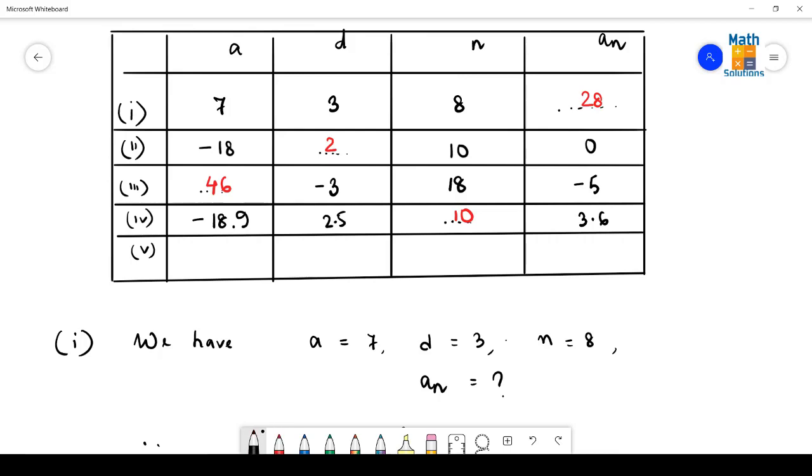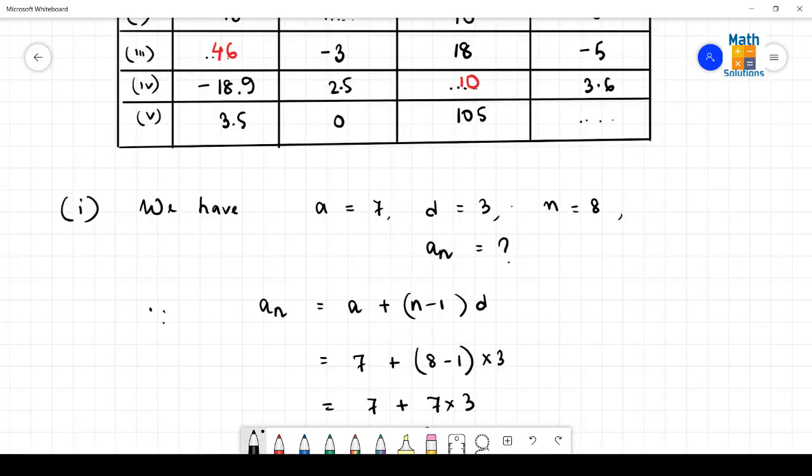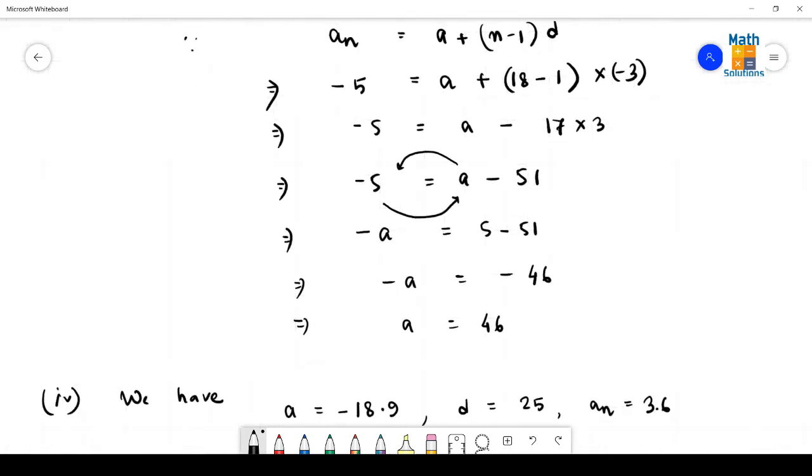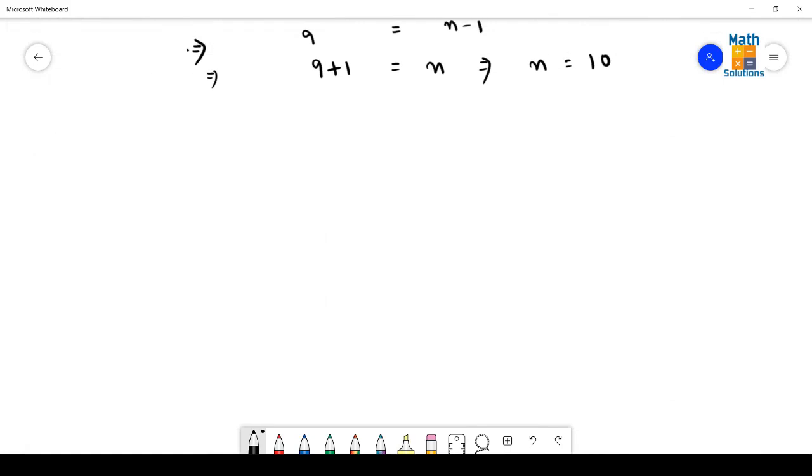Similarly, this number can also be done. This value is 3.5. Then after this is 0. Then after this is 105. And this value is to be filled in. So in the main calculation, this is 5.